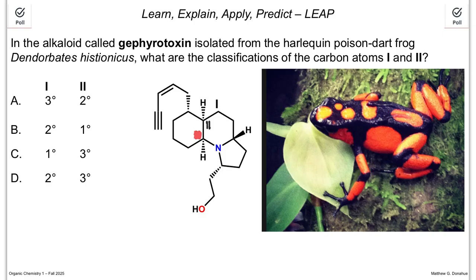And I made a boo-boo here. So maybe on your slides, the 2 was down here, but I want it to be there. So you have these Roman numerals 1 and 2, and it says, what are the classification of the carbon atoms 1 and 2?